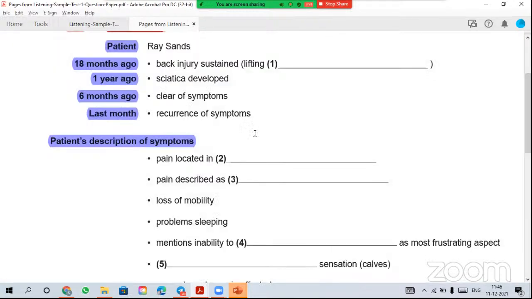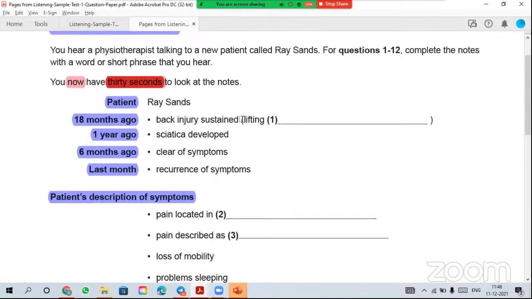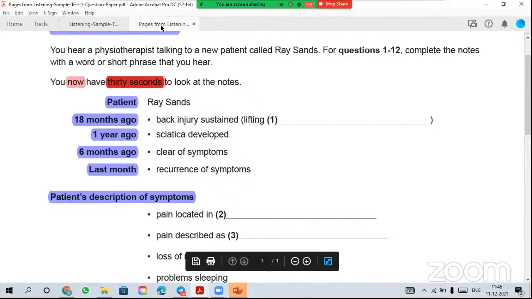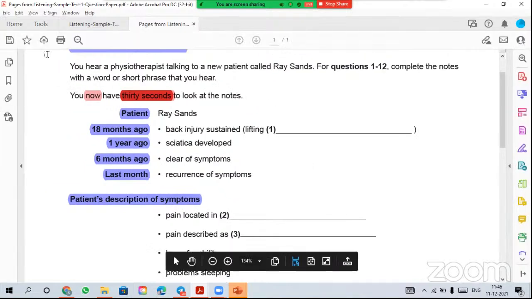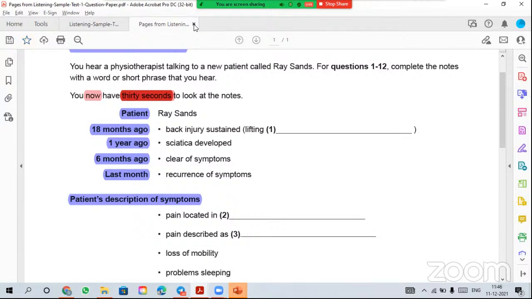So now let us see here. One second. Save.